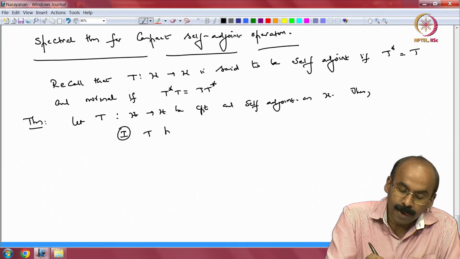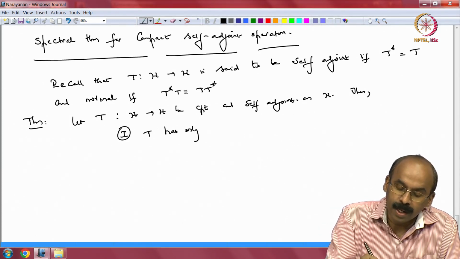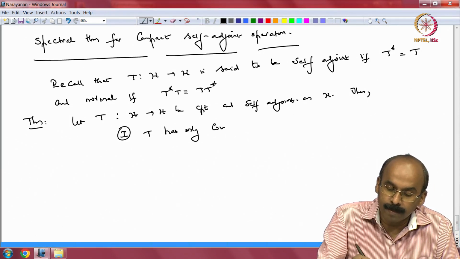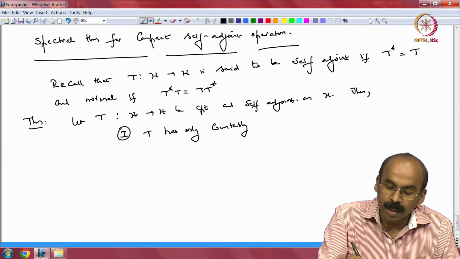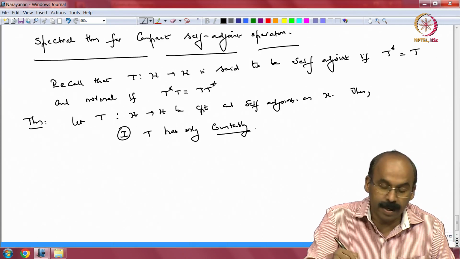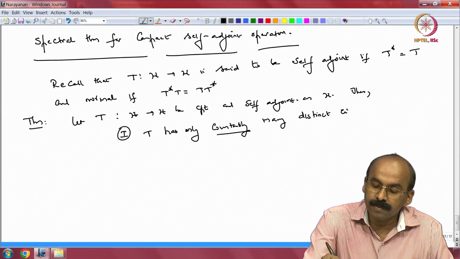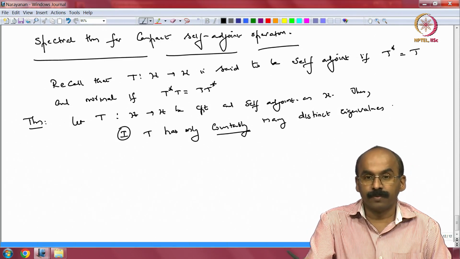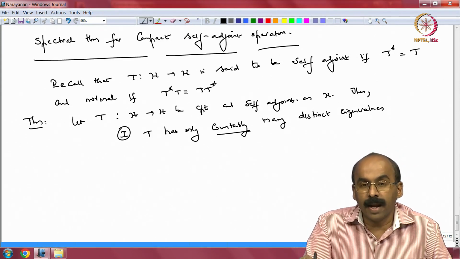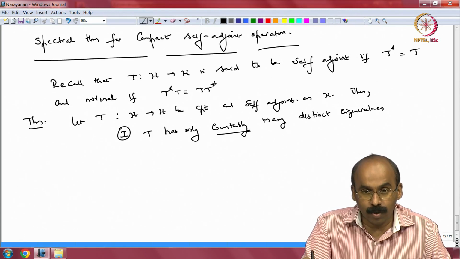One, T has only countably many distinct eigenvalues. Okay. So, the eigenvalues of T, there are only countably many.